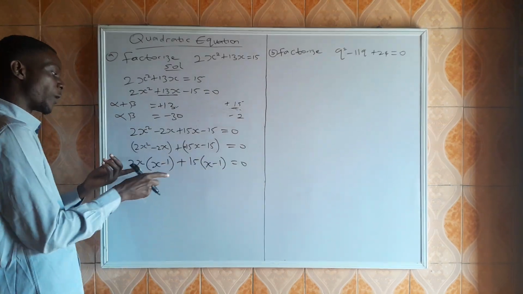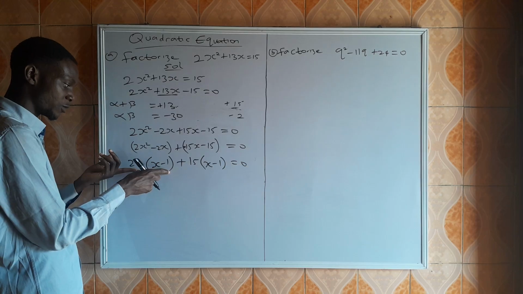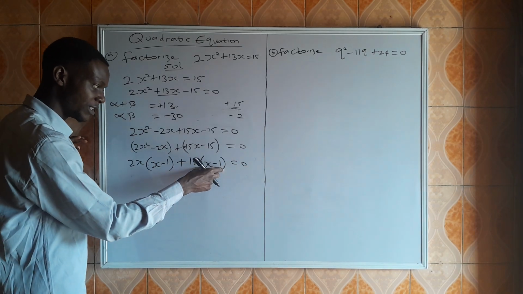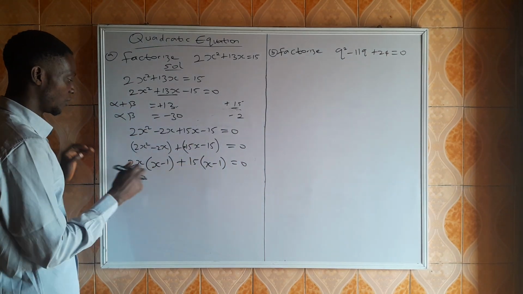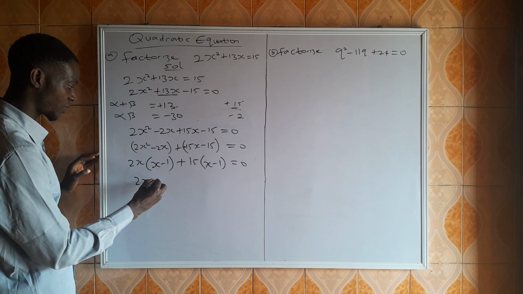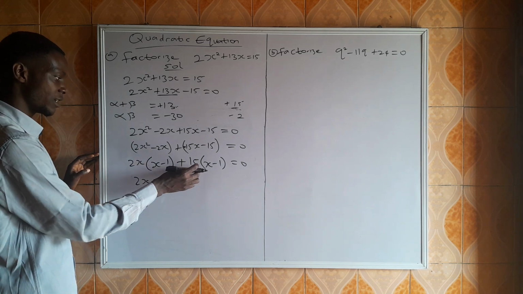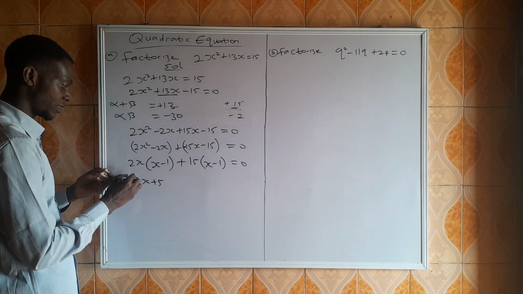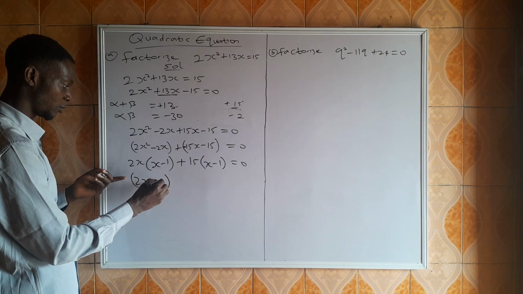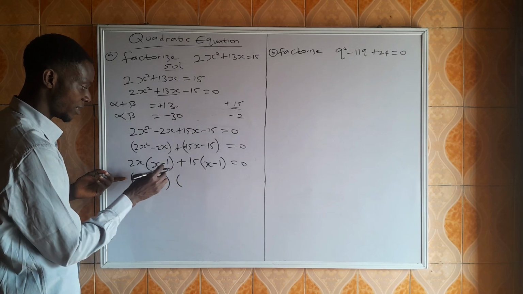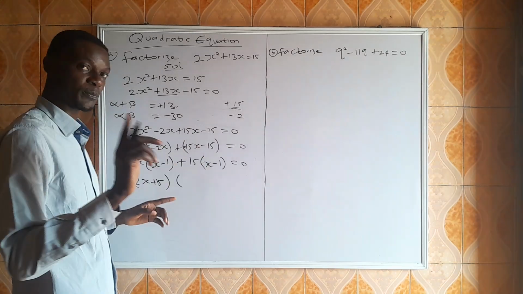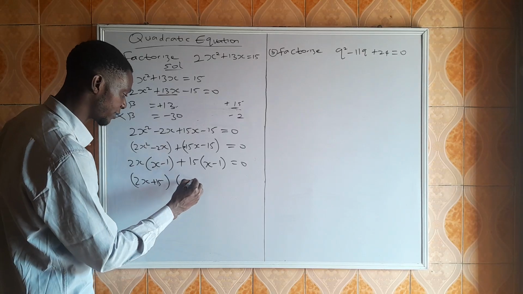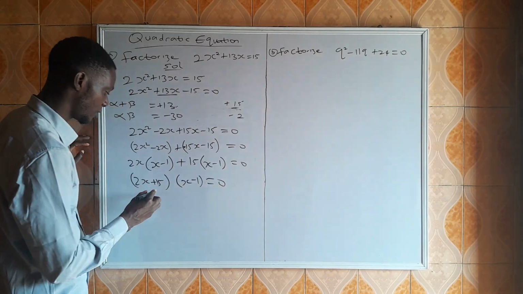Note, when you expand this equation, you must get this. And when you expand this, you have to get this. So we bring the values outside together, which is 2s plus 15. Then we have s minus 1, s minus 1. We pick only one. So you have s minus 1 equal to 0.